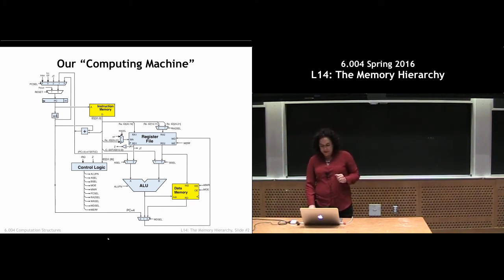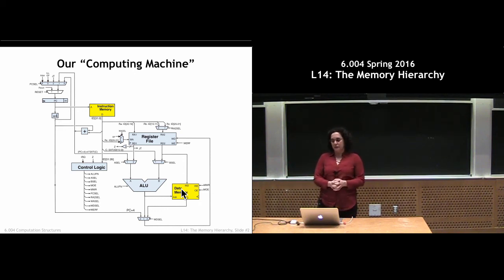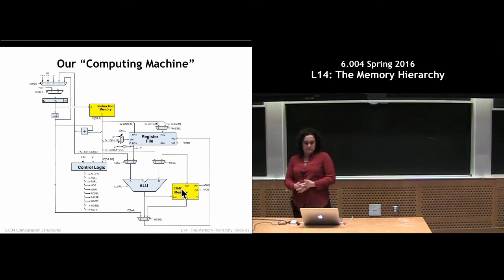So what we're going to focus on today are these boxes in yellow, which are our memories. And if we look at our whole design of the beta and think of it in terms of the number of MOSFETs that are required for the entire thing, you basically find that the memory takes up the majority of those transistors.